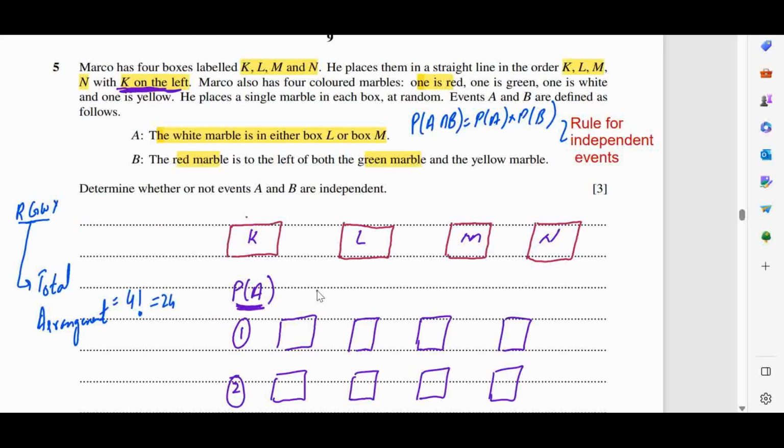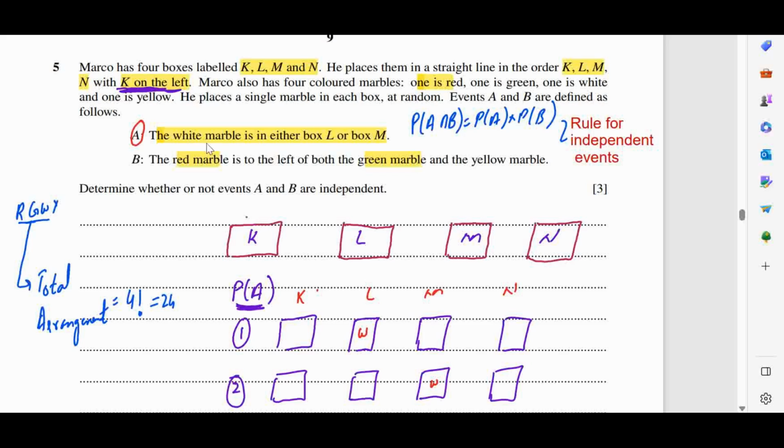Here we are finding the probability of A. For event A, the white marble is in either box L or box M. So the white marble can be over here and can be over here, in box K, L, M and N. This is the sequence, so we are following it.